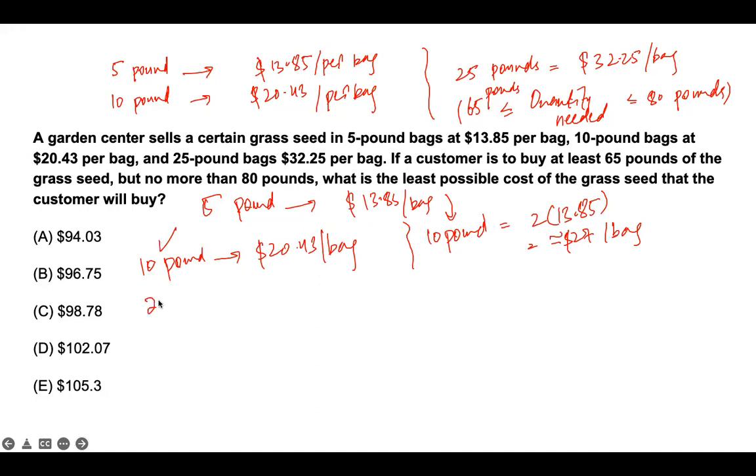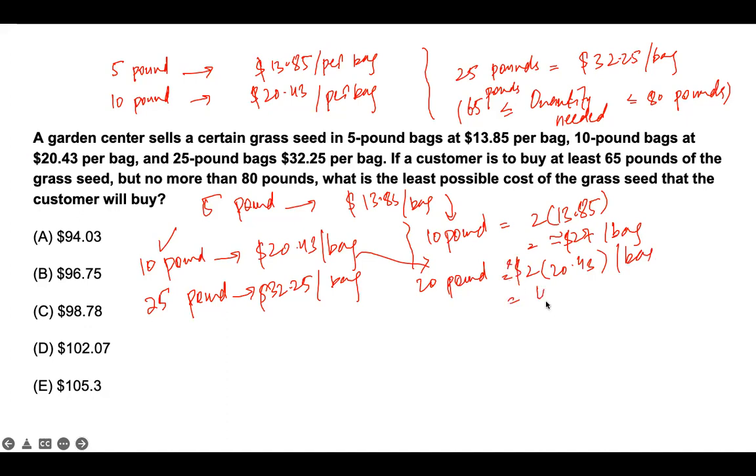Now, if I use a 25 pound, that is how much? $32.25 per bag. Now, instead of this, if I use twice of this 10 pounds to make a 20 pound, so twice of this 20.43 per bag, that will be something a bit greater than 40 per bag.